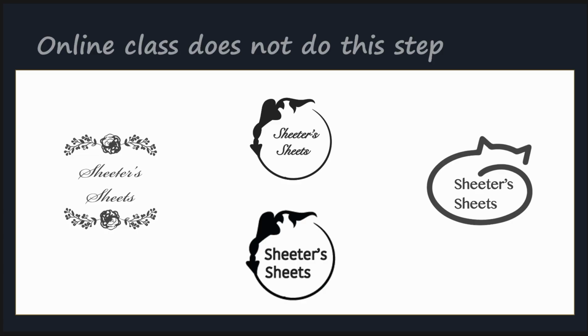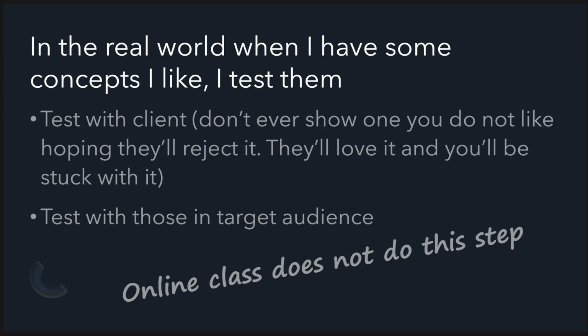And then I have one with a cat. So these would be those initial things. And if my client doesn't like any of them, I can always return to brainstorming and try some other ones. So in the real world, these concepts, I test them with the client and I test them with the target audience. All right, so you're not doing that, but that's what I would do in the real world.